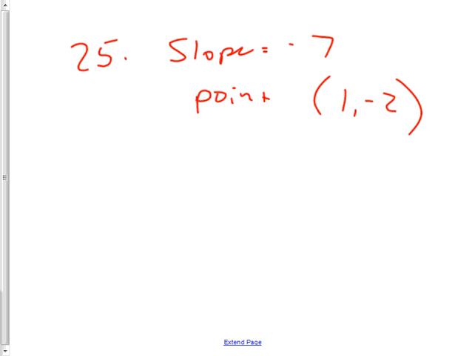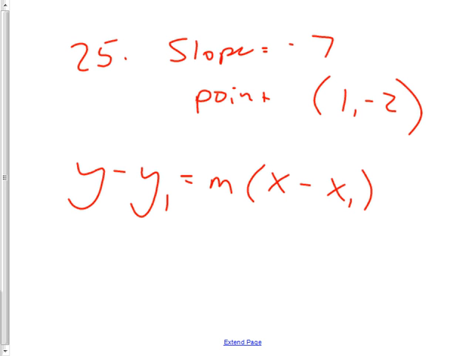Okay, good. So y minus y sub 1 equals m times x minus x sub 1. If I were actually doing this problem, I wouldn't have written y1 and x1, and I wouldn't have written m. I would have just dropped my numbers in right off the bat. Y minus the y sub 1, there, equals m, 7, times x minus x sub 1. X sub 1 is 1. Here we go.